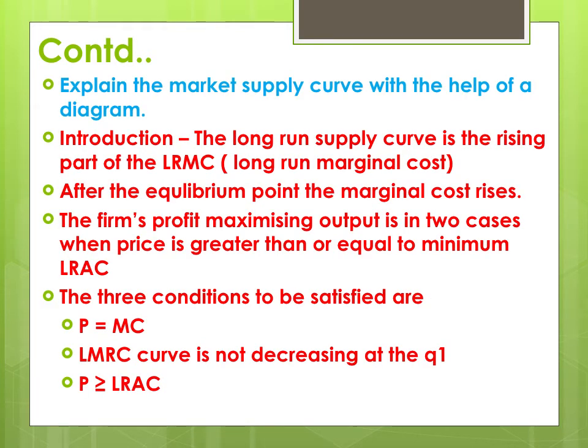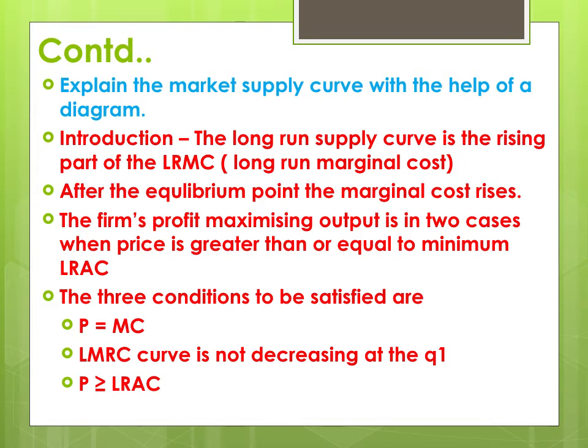Explain the market supply curve with the help of a diagram. Introduction. The long run supply curve is the rising part of the LRMC, or the long run marginal cost. After the equilibrium point, the marginal cost rises. The firm's profit maximizing output is in two cases: when the price is greater than or equal to the minimum LRAC.